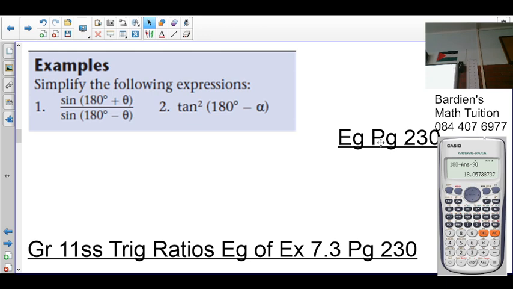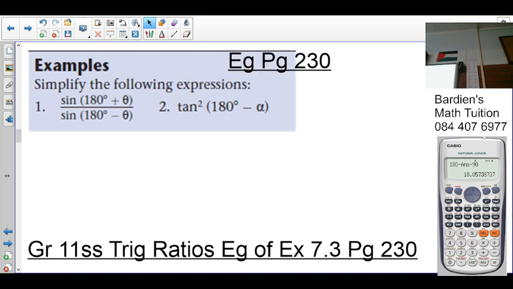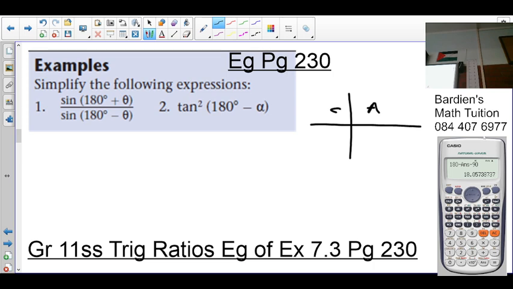So looking at the first one here, we said sine of 180 plus theta. For the next couple of lessons I would make sure that I memorize this. It's all stations to Claremont. That's 180 and 360. You could write 90 and 270, but it doesn't affect this exercise.